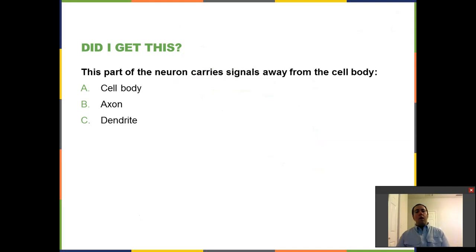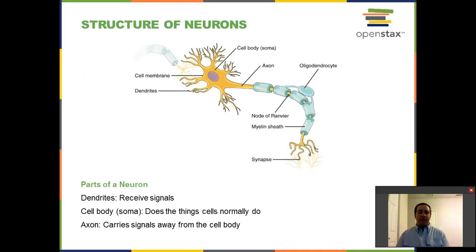What part of our neuron carries the signal away from the cell body? Yes, B. It is the axon. Somebody asked, does a single neuron only have one axon? That is a very, very good question.